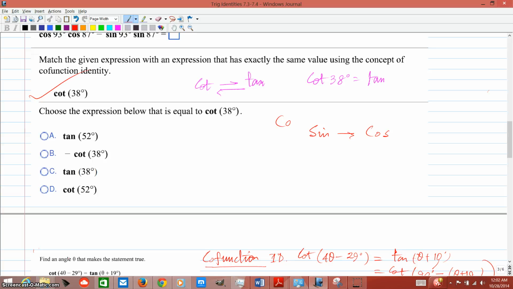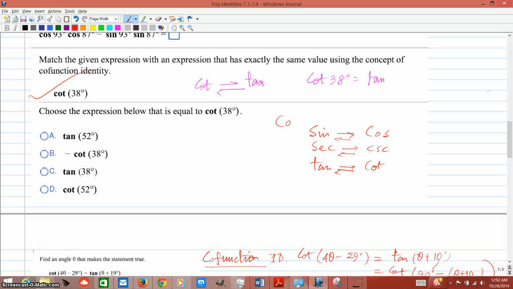And in the same way, secant relates to your cosecant function, and vice versa. So now your tangent goes to cotangent, right? These trigonometric functions are related by complementary angles.